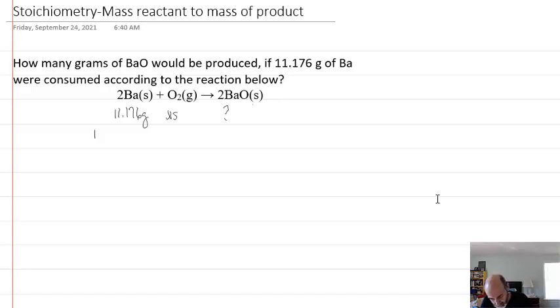So here this row will be the molecular weight. Barium is 137.327, and barium oxide is 153.3.